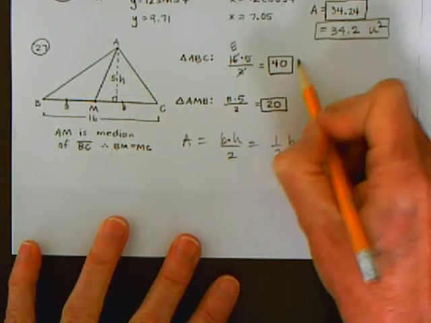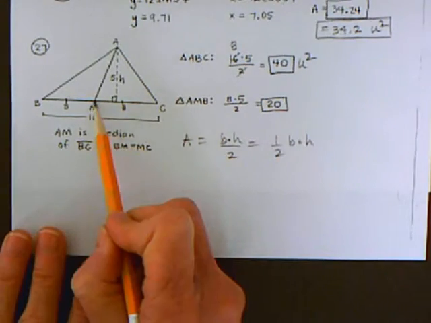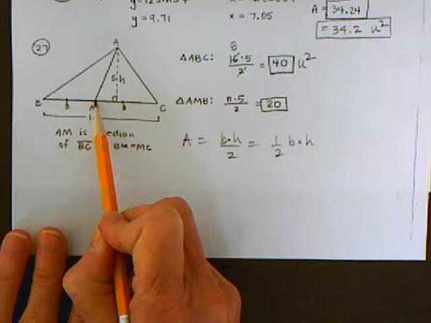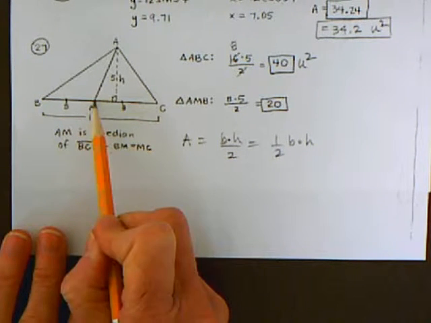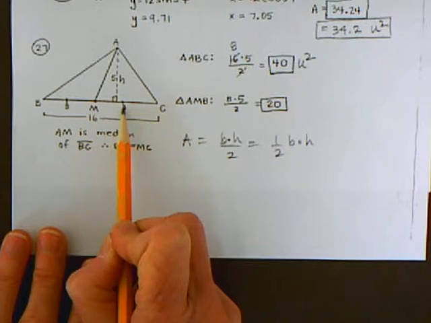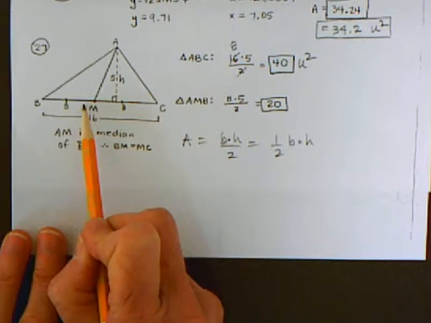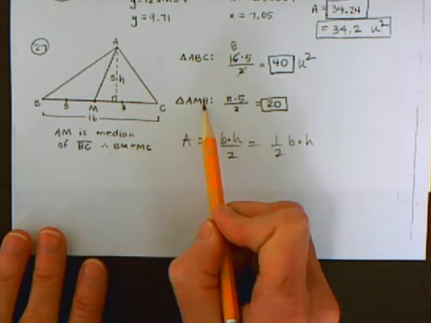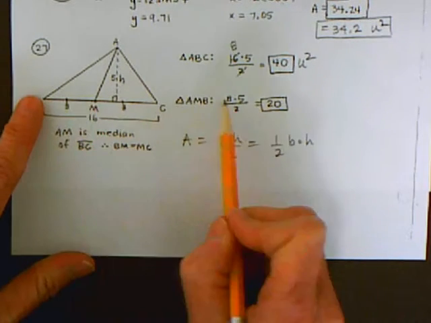This is units squared. And then because this M is a median, I know that this is a midpoint of this side length. So this is 8 and this is 8. Now, for finding the area of AMB, the base is 8, but what's the height?